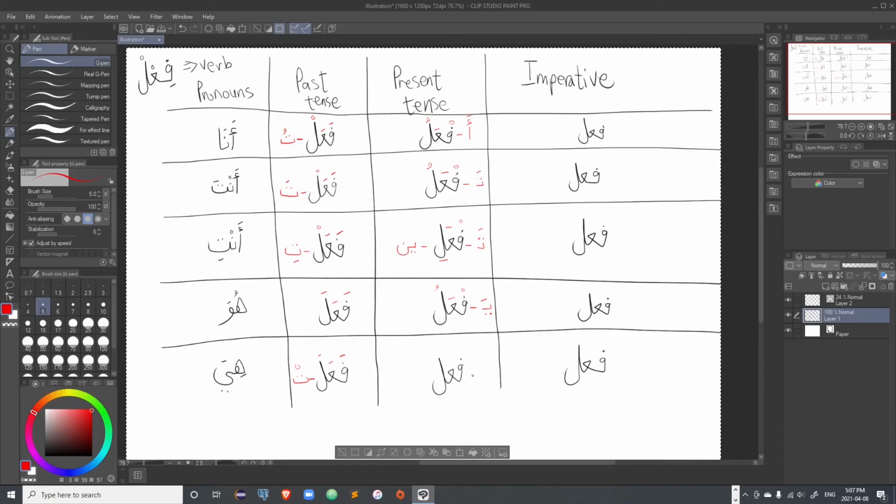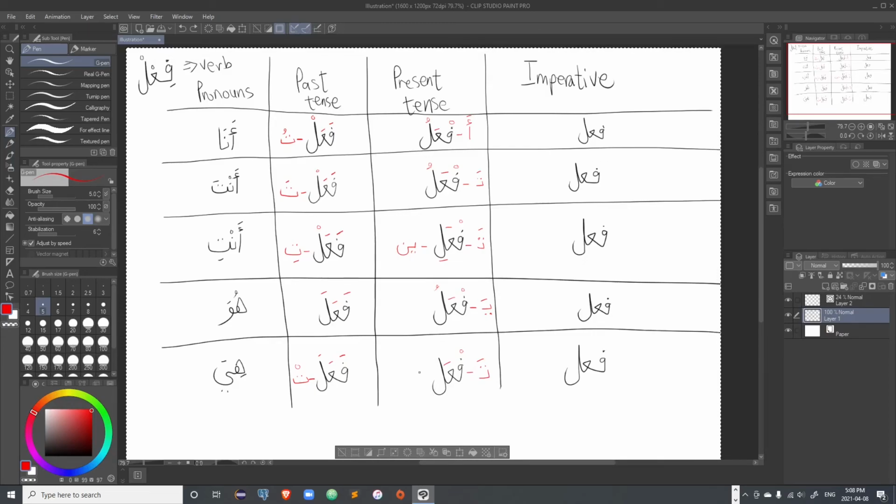Okay. So هي تفعل or تفعلُ, but it does not really matter what you put at the end. I'll leave it empty. Normally when you see a consonant without a diacritic, it automatically means a sukoon. I wanted to emphasize that in case I forgot to mention it in the previous lectures.